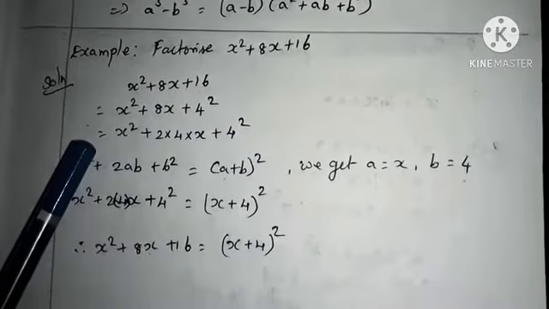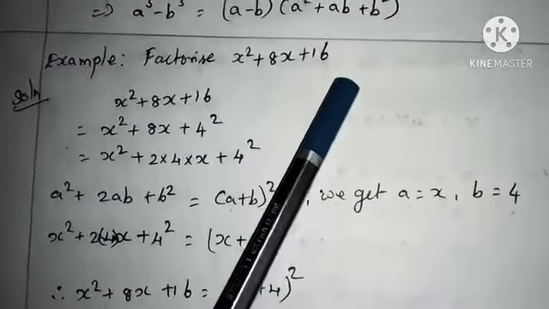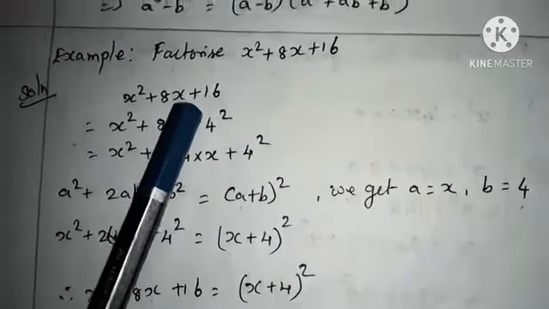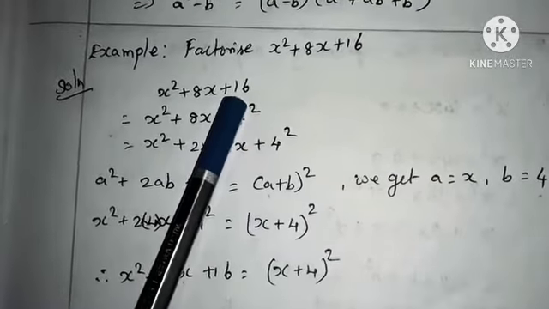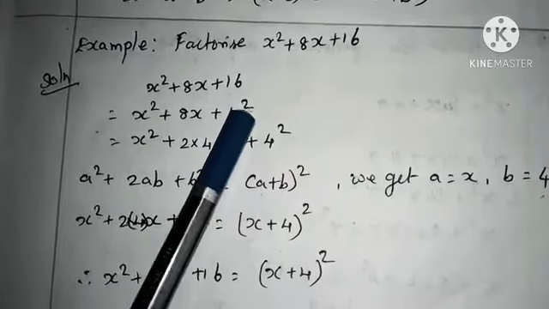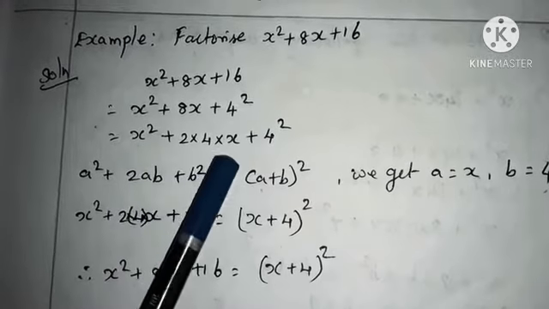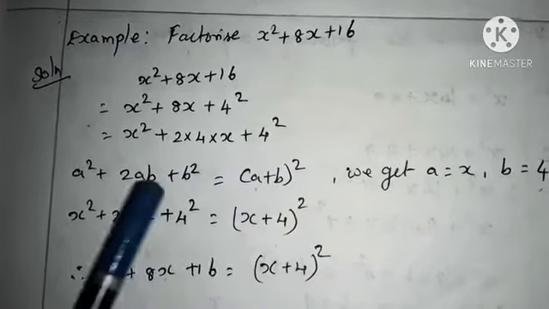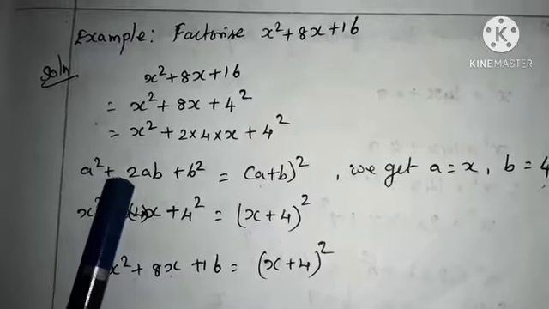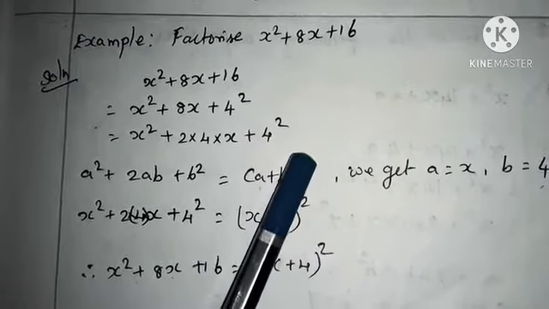Let's see some examples. Factorize x square plus 8x plus 16. In this algebraic expression, the constant 16 can also be written in the form of a square, that is 4 square. Then we get the expression as x square plus 2 into 4 into x plus 4 square. It is in the form of a square plus 2ab plus b square, which is equal to a plus b whole square.